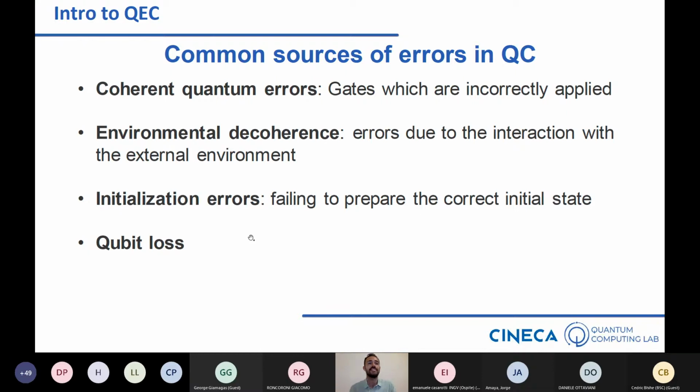Then there are also initialization errors. For example, you fail to prepare the initial state, so it's not in the 000 state, it's not in the +++ state, it's something else. And then qubit loss.